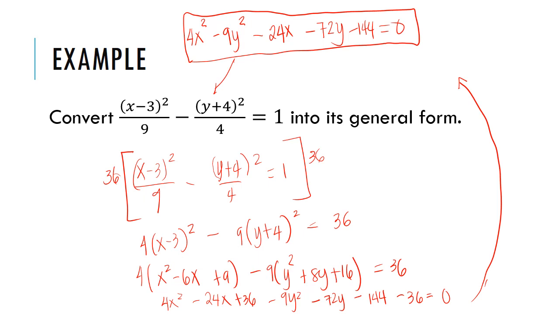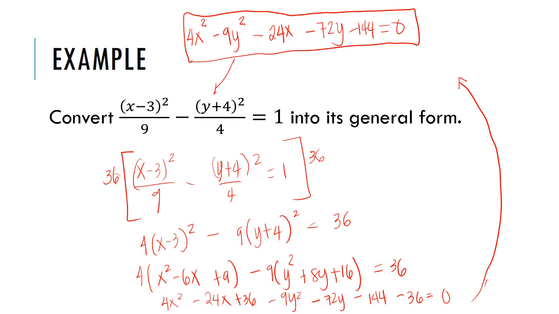And then from there, we also learned how to transform the general equation into standard form for us to be able to determine what type of conic sections or degenerate conics the equations are representing.